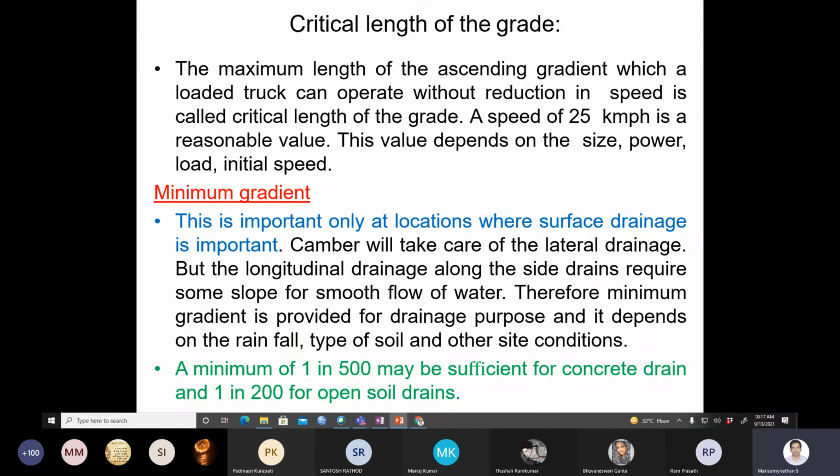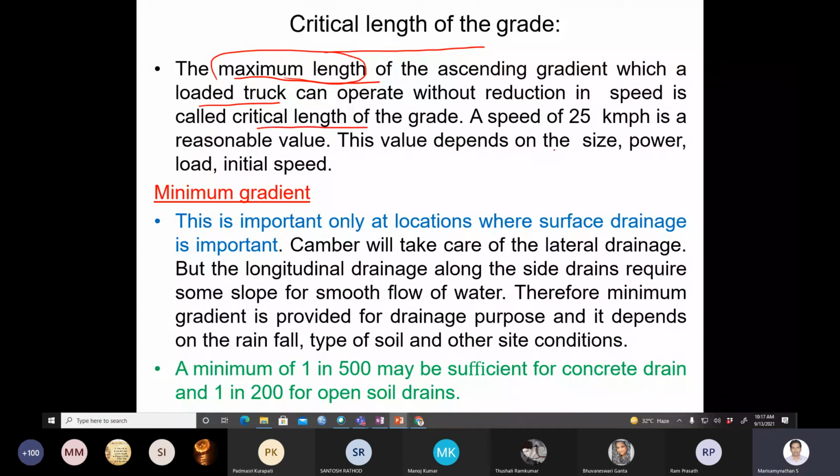According to those considerations, what kind of grade we are providing is considered the critical length of the grade. So the maximum length of the ascending grade is provided by considering the loaded truck, which should operate without reducing the speed. That is termed the critical length of the grade.